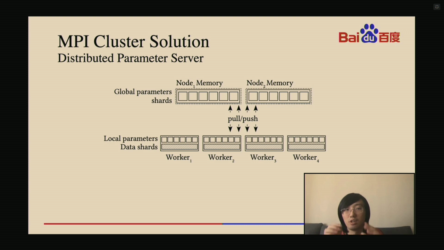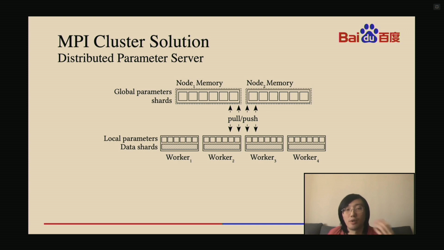We call them global parameter shards, and they are just distributed in the memory of each node. A worker thread will get some training examples from the network file system. Then it will figure out the required parameters and pull those parameters from the distributed parameter server.